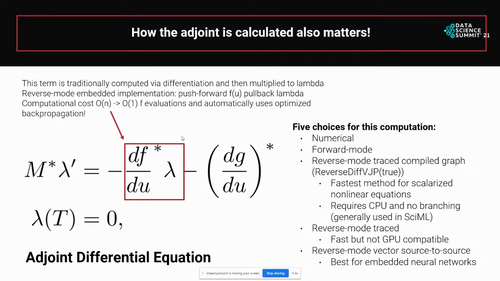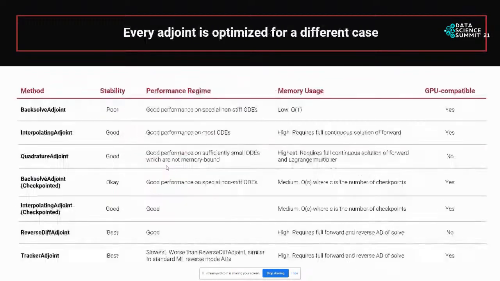So here, for example, we can use the vector Jacobian product tools of a backpropagation library like Zygote.jl to do a better, more efficient calculation of this term. Right? It's kind of a detail, but what that really means is that these Julia libraries, by integrating very strongly with these reverse mode automatic differentiation tools and these machine learning tools, actually improve the differential equation solver libraries themselves.